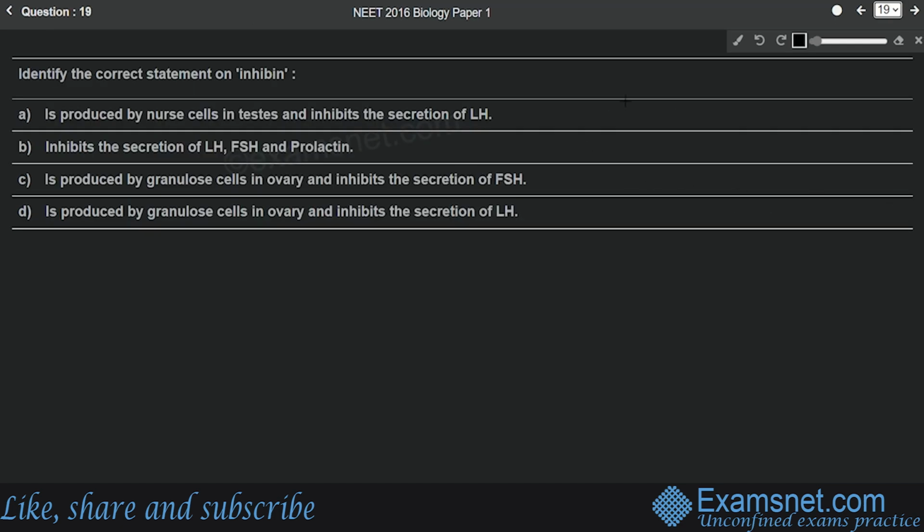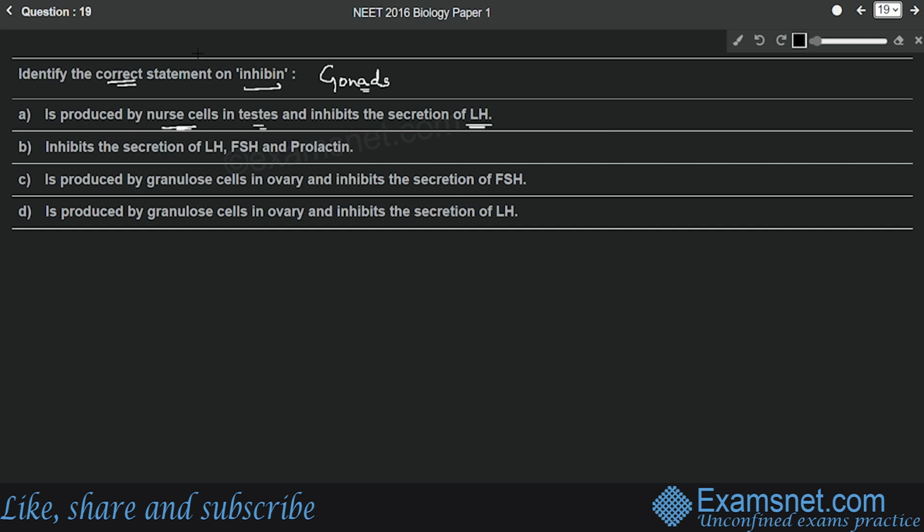Question number 19 is from the chapter Human Reproduction, and the question is, identify the correct statement on inhibin. So inhibin is a hormone that is produced by the gonads, right? So let's see the statements. First statement says it is produced by nerve cells in testis and inhibits the secretion of luteinizing hormone.